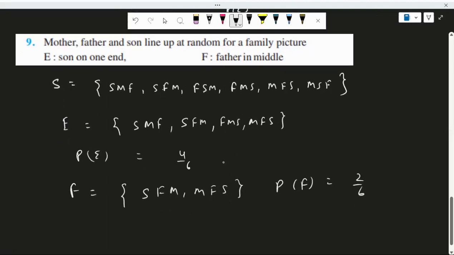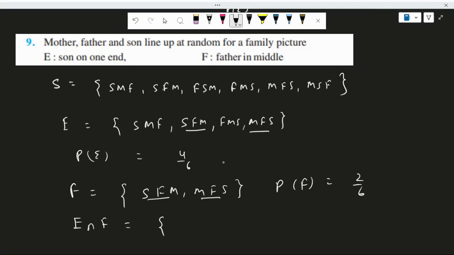Now we have to find P(E by F). For that, take E intersection F. What is common between these two? SFM and MFS are common. So P(E intersection F) comes to 2 over 6.